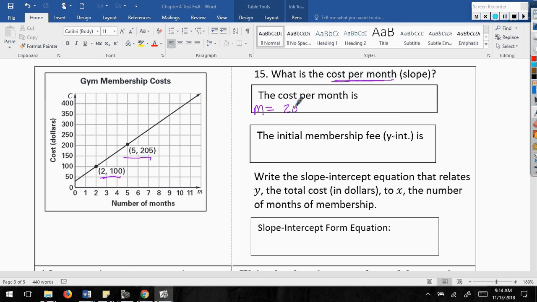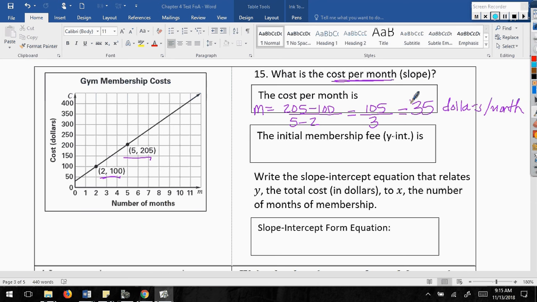So I'm going to do 205 minus 100 divided by 5 minus 2. So 205 minus 100 would be 105 divided by 3. So let's see, 3 goes into 10 3 times with 1 left over, 35. So the cost per month is $35 per month.